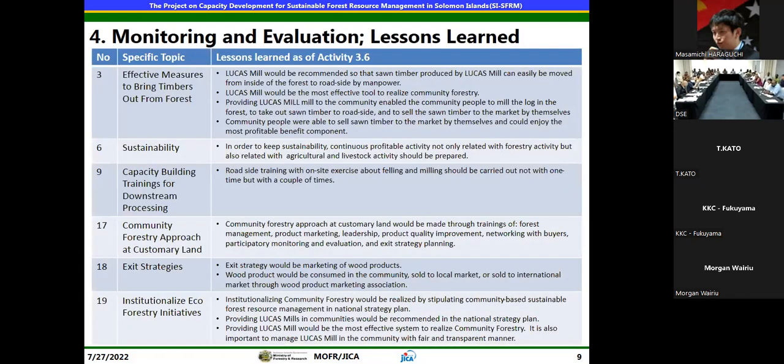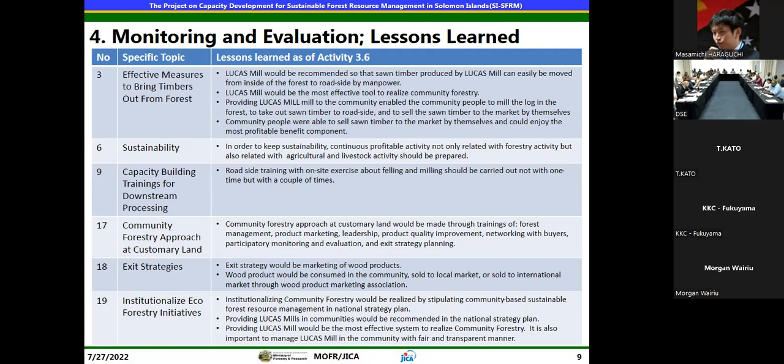Monitoring and evaluation lessons learned. You can see specific topic and lessons learned as of activity 3.6. Number 3, specific topic, effective measures to bring timbers out from the forest.